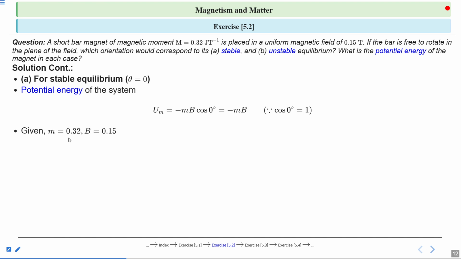Given the value of M is 0.32 and B is 0.15, put these values in: minus 0.32 times 0.15, which equals minus 4.8 times 10 to the power minus 2 joule, because it is potential energy, so the unit will be joule. I have not written units here because I am only writing the values that we are going to put in the equation.